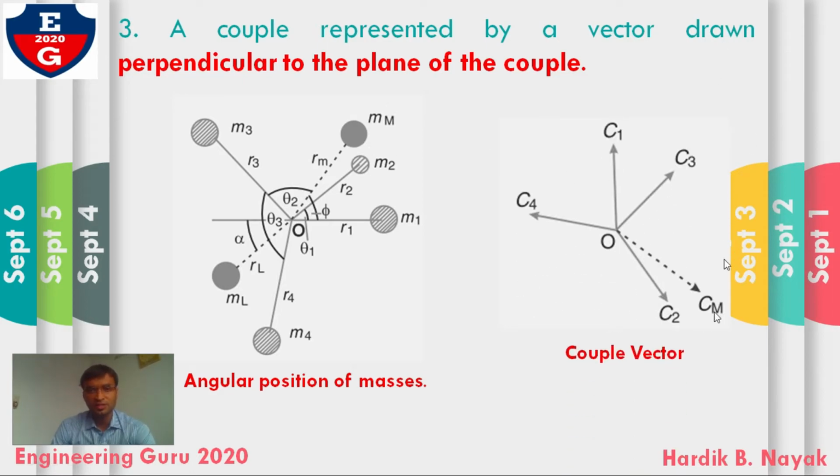Now this is our couple vector. So we draw the couple vector perpendicular to the plane of the couple. Here you can see this is our mass M1. So the couple vector from this M1, perpendicular, you can see this is C1. Same for mass M2, this is couple vector C2, C3, C4 and Cm.